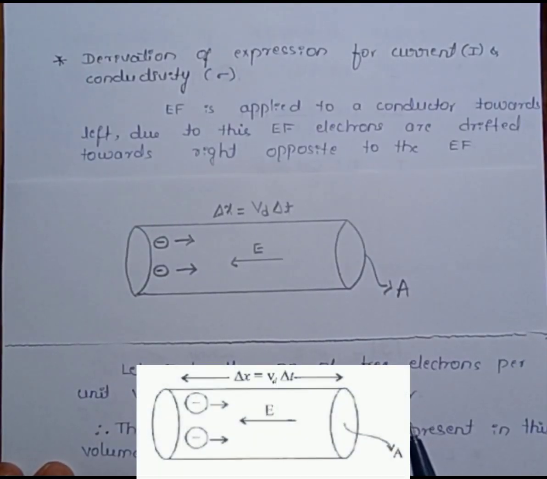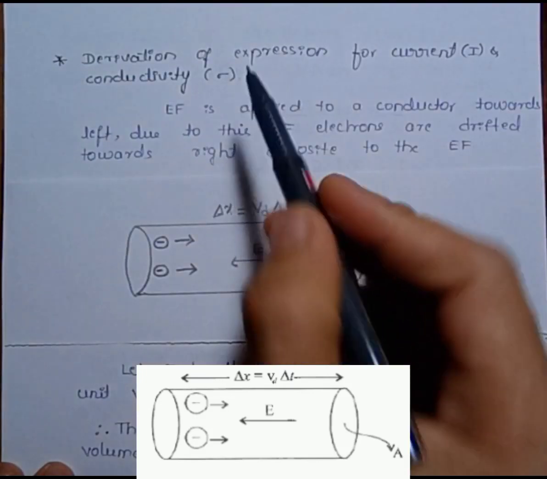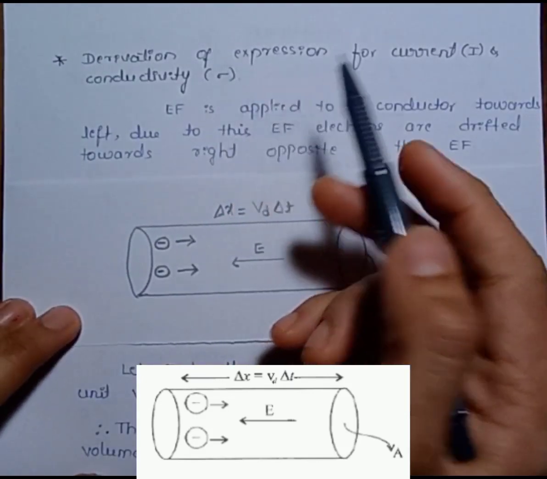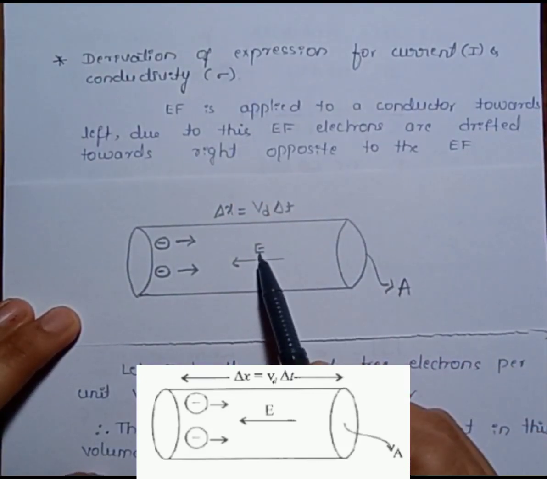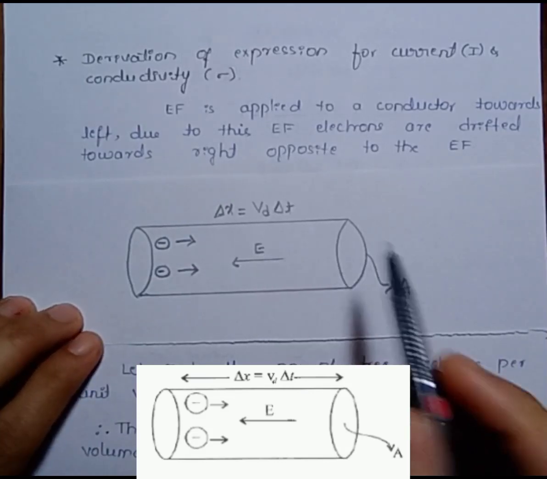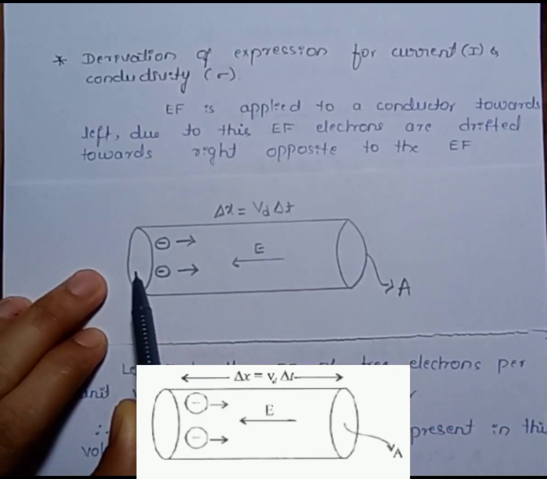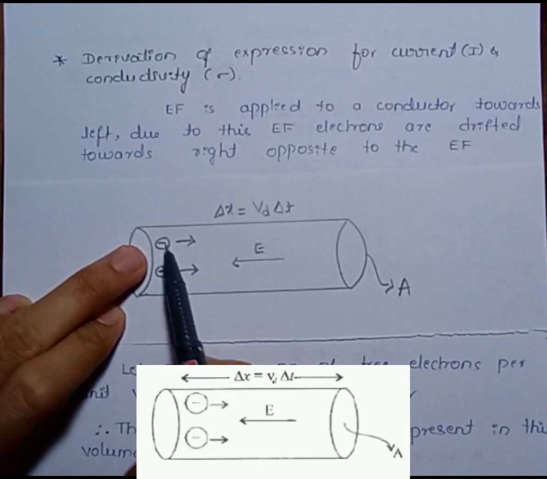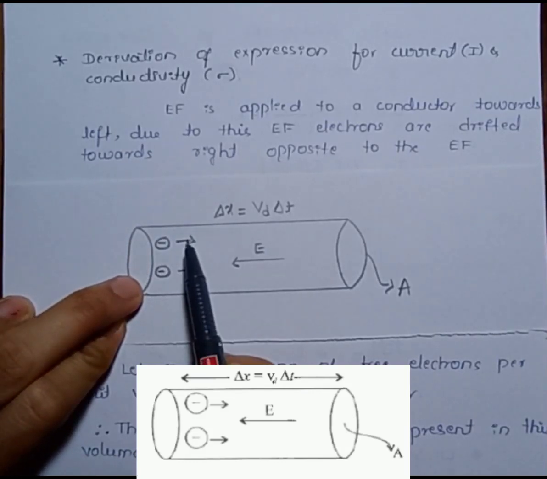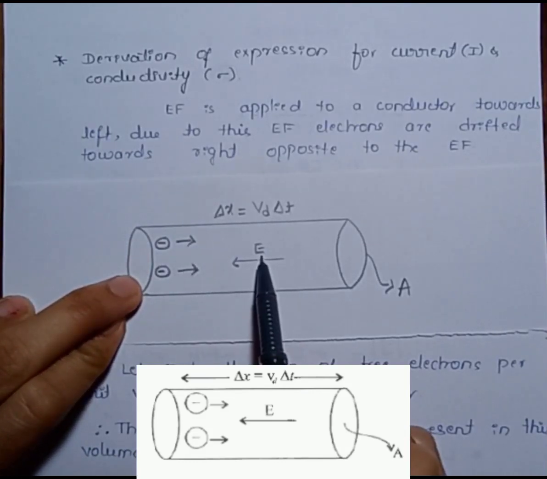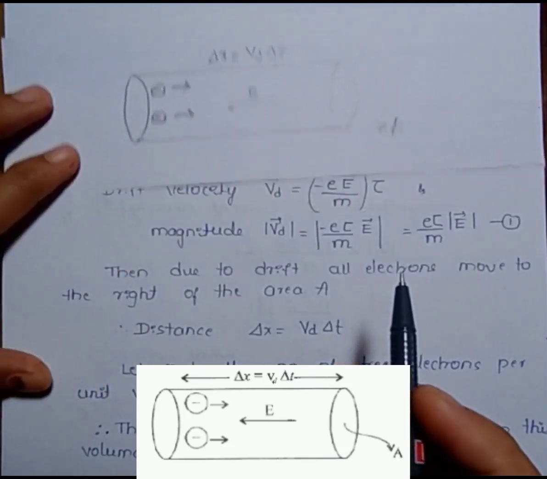Let us derive the expression for current I and conductivity sigma. Consider an electric field applied to a conductor towards the left. Due to this electric field, electrons drift towards the right, opposite to the electric field.